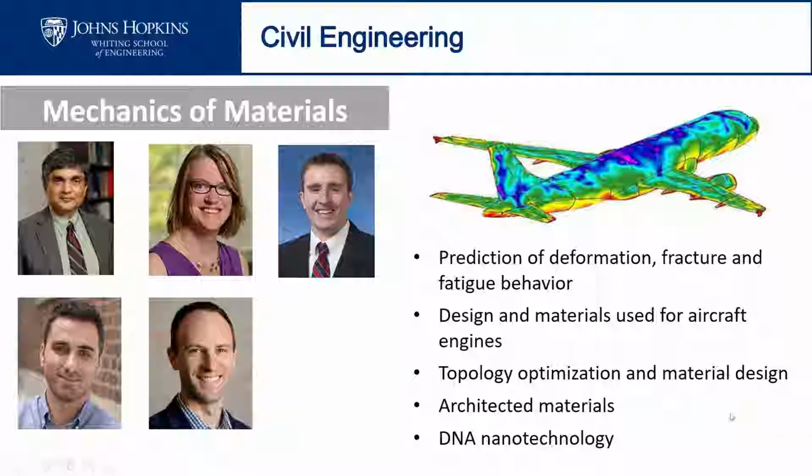So Professor Jamie Guest, right here, one of the cool things he does is topology optimization. And the way I like to think about it is that if you're building a structure or you're designing some cool architected building, you don't want to fill the entire building or the entire structure with material. You only want to fill very specific portions of it so it still maintains its structural stability. And so that's what his research is.